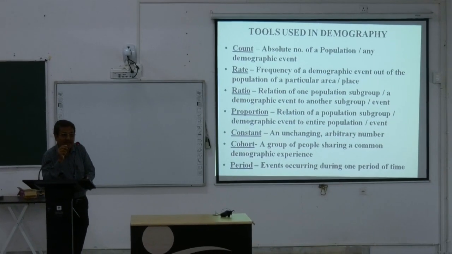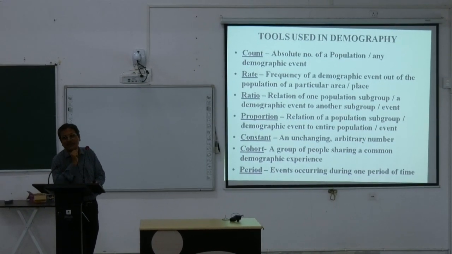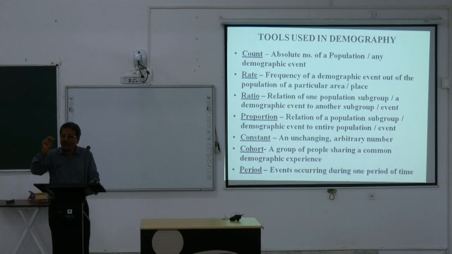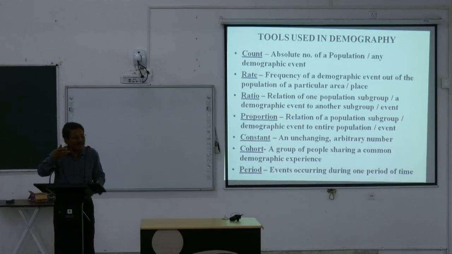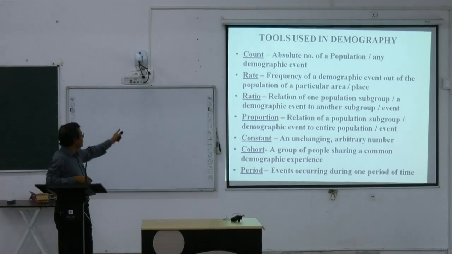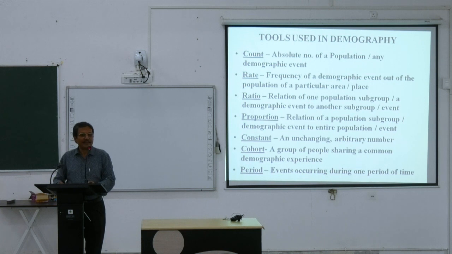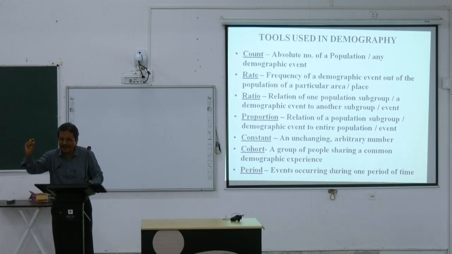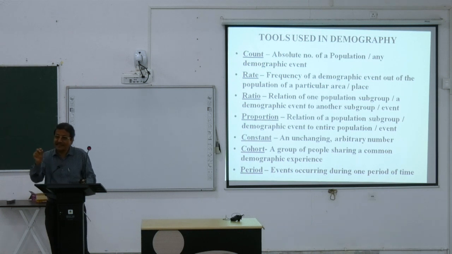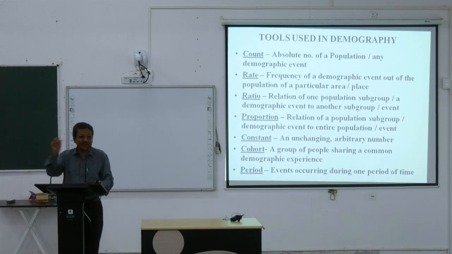Just try to understand there is a difference between rate and ratio. Rate means the frequency of a demographic event. What is an event? Out of the total population of a particular area or place. Suppose number of births per total population, so this is rate. Number of deaths per total population, this is rate.